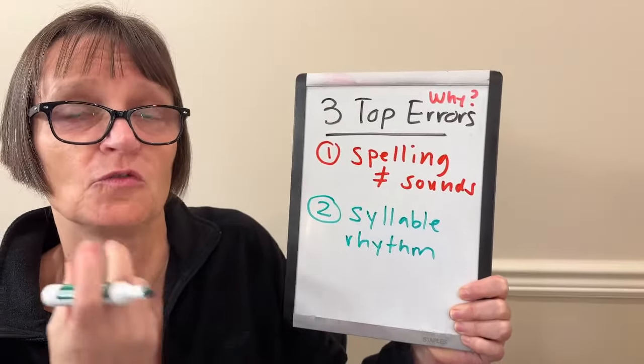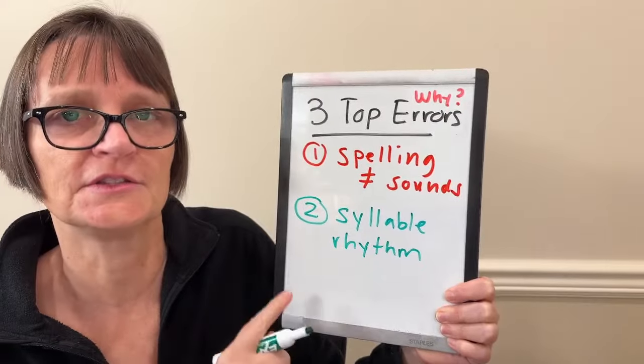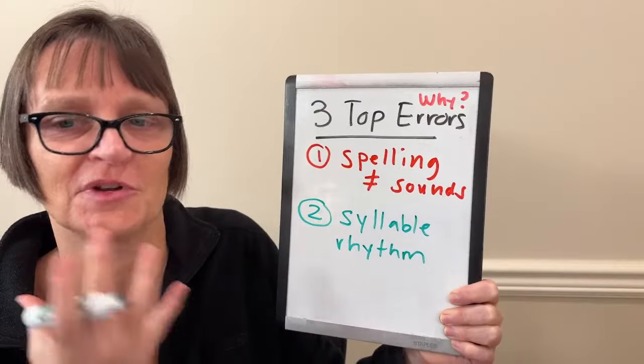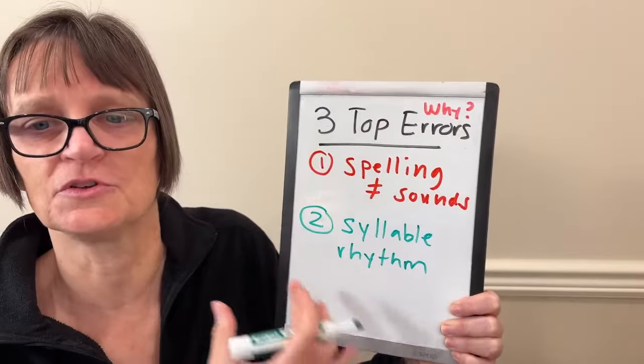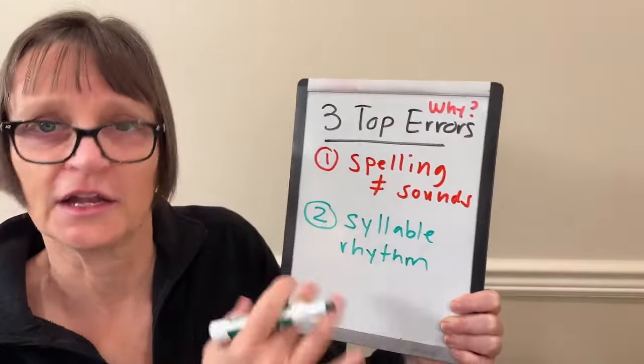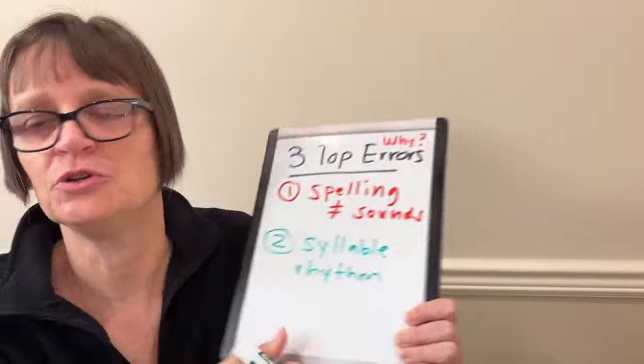You might be using the wrong syllable stress, which is going to change how you pronounce the word. Syllable stress affects the pronunciation of vowel sounds. You might also be missing syllables or dropping syllables, not connecting syllables properly. So syllable rhythm is the number 2 top error pattern that happens for non-native speakers when they're speaking English.